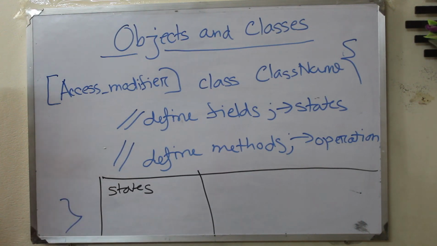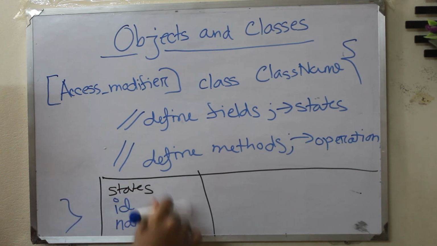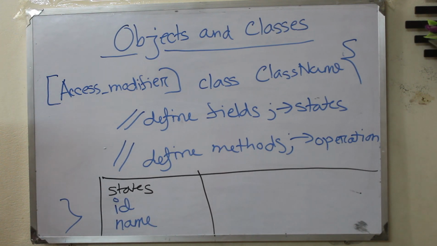States are the defining properties. For example, for a class student, what does it hold? It holds some information of the students, and states are the information that describes some properties of a student. So what are the defining properties of a student? A student can have an ID, it can have a name. So this holds the states of the students for an example class student.